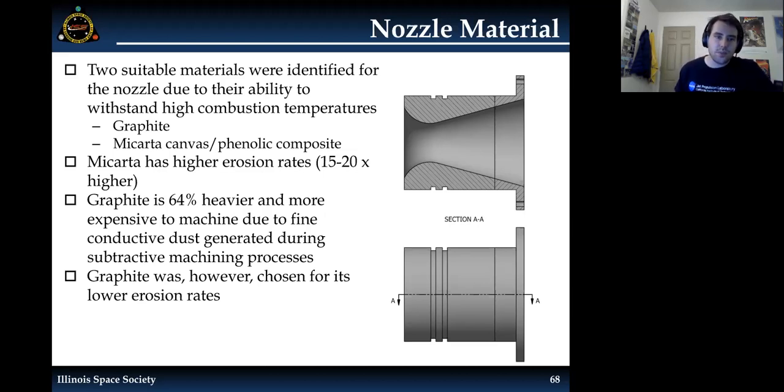But ultimately, it just became a really difficult design to execute on, and we decided to just stick with a single piece of graphite that would be subtractively machined into the shape that you can see on the right, mostly just because of its lower erosion rates.